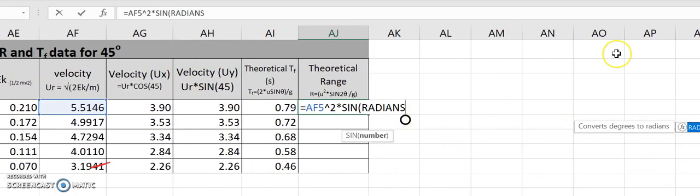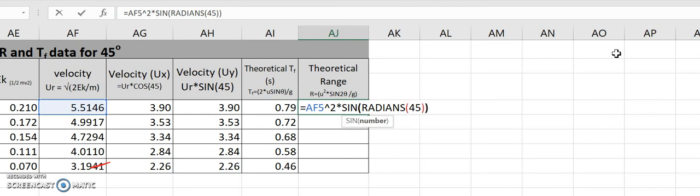The sine in radians of 45 degrees, close, close, divided by g, which is 9.81, close bracket, and I'll just put an open bracket over here. And that should work out then. The theoretical range is 2.19 meters. That's quite large. I'll check that formula soon and see what's going on.